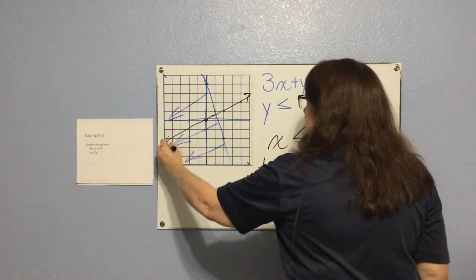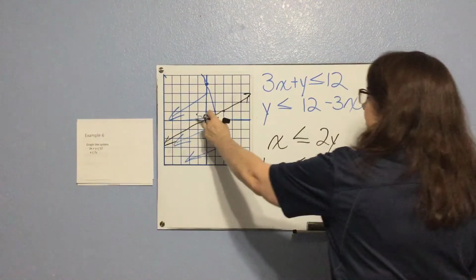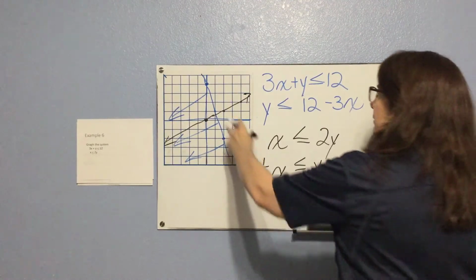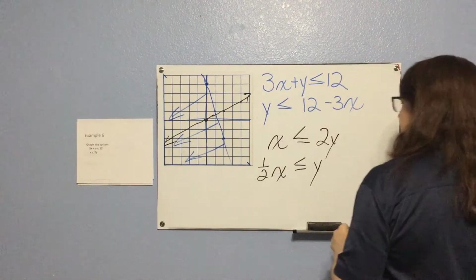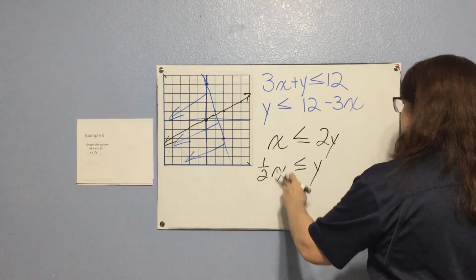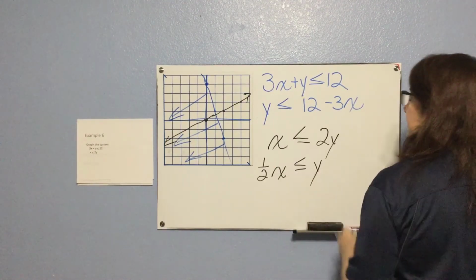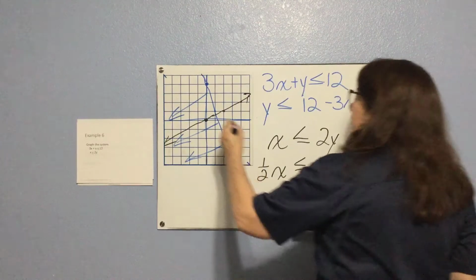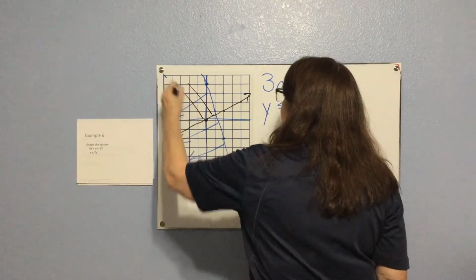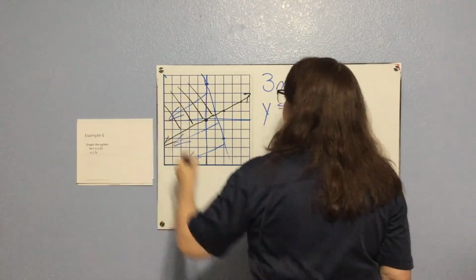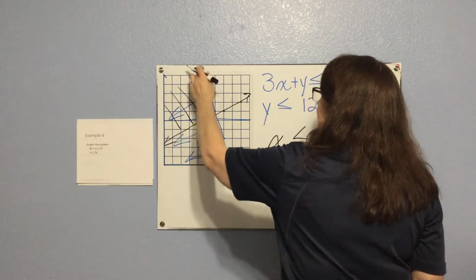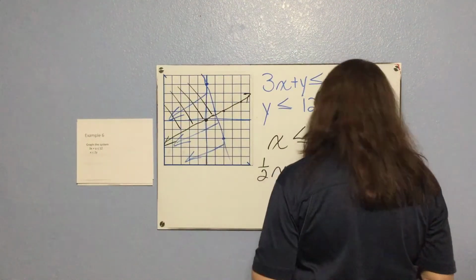Now I cannot use 0, 0 for my test point because the line goes right through there, but I could use 1, 1, and then I would have 1/2 of 1, which is 1/2. Is that less than 1? Yes, it is. So I know now that I have to shade this direction. I'm only shading here because this is also a boundary point.